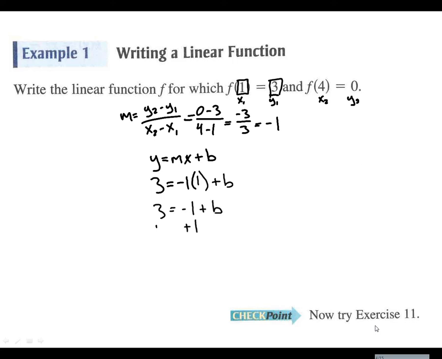Add 1 to both sides. 4 equals b. So our final equation would be y equals negative 1x plus 4. And we want this in function form, so we're going to write this as f of x equals negative x plus 4. So with that in mind, go ahead and try exercise 11 from 1-6.